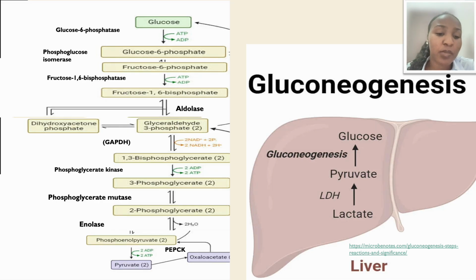So one of those steps that are bypassed is pyruvate to phosphoenolpyruvate. Another is fructose 1,6-bisphosphate to fructose 6-phosphate. That's a second bypass step. And the last bypass step is glucose 6-phosphate to glucose with the enzyme. So each of these enzymes used with these 3 bypass steps are not used in glycolysis.